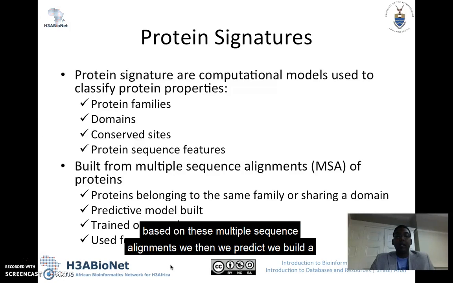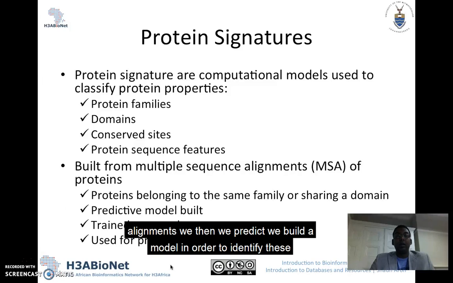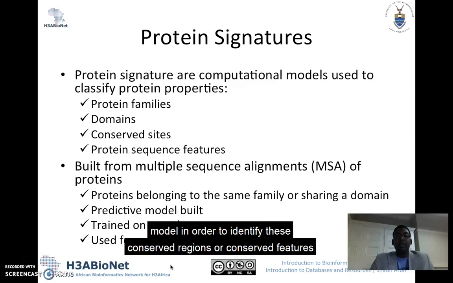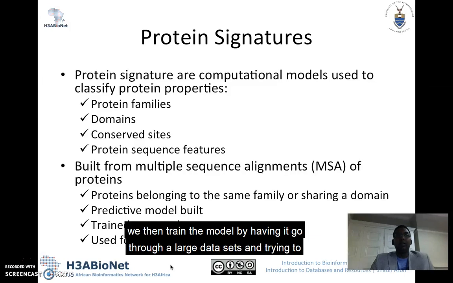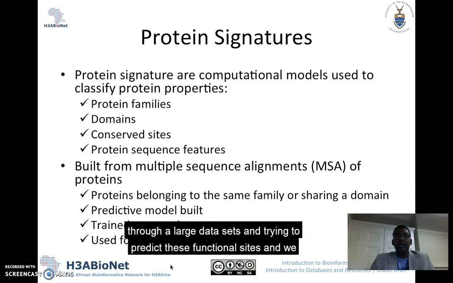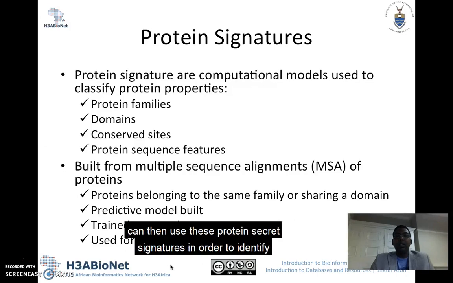Based on these multiple sequence alignments, we build a model in order to identify these conserved regions or conserved features. We then train the model by having it go through a large data set and try to predict these functional sites. We can then use these protein signatures to identify functional regions or elements within a protein sequence of interest.